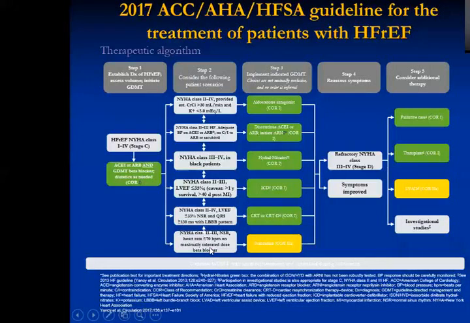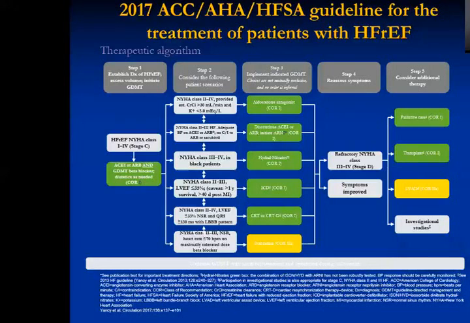Similarly, if your patient is tachycardic, his baseline heart rate is greater than 70 and he is still symptomatic, and he's taking tolerated doses of beta blocker, that means if you can still increase the beta blocker, then you can't add on ivabradine. But if he's already on a tolerated dose and still his heart rate is greater than 70, you can add on ivabradine.